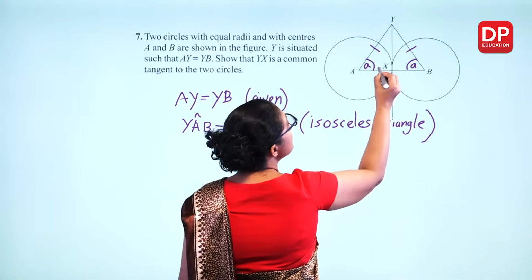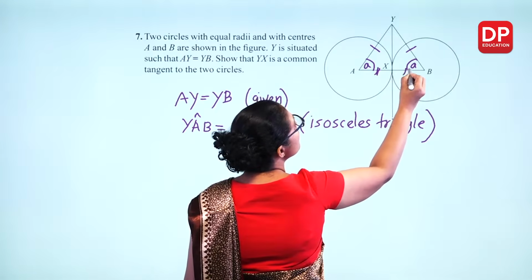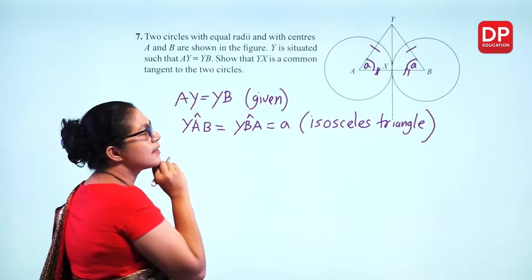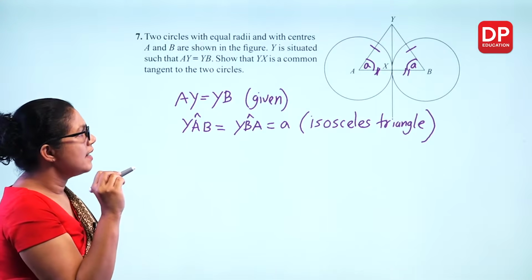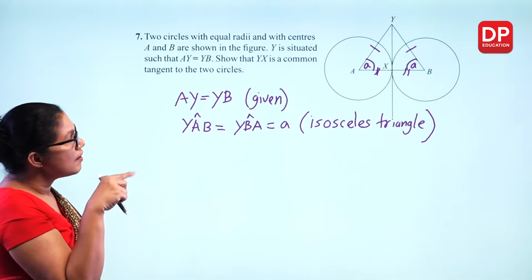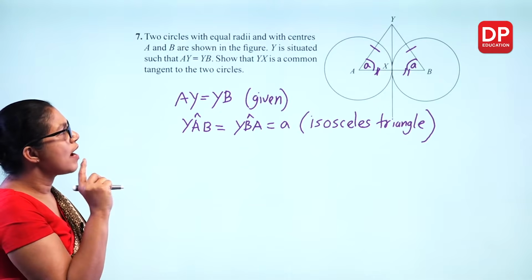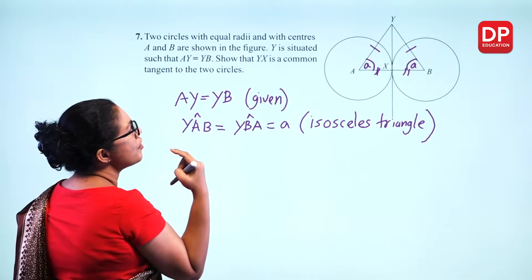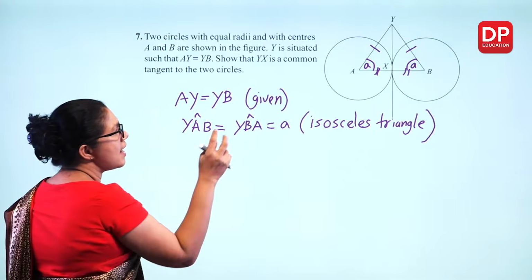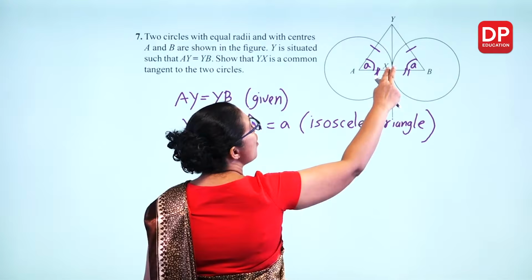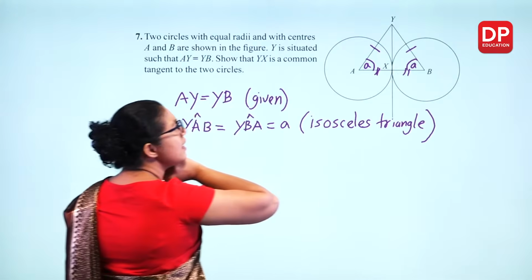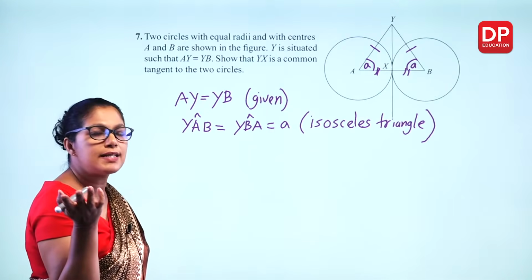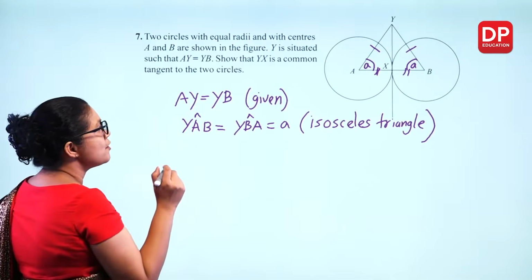Equal radii means this length is equal to this length. Now we can first check the two triangles, whether these are congruent. Then easily we can show that if these two are congruent, these two angles are equal and it becomes 90 degrees. So we'll do that.